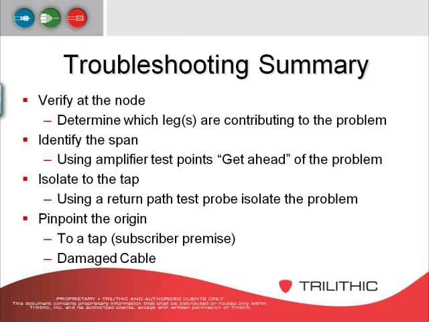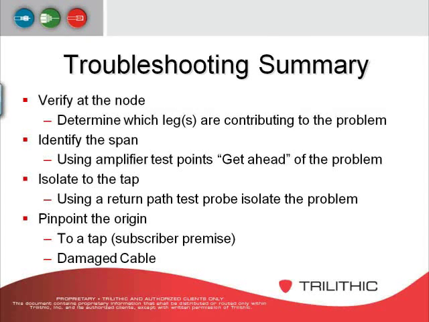And then you want to pinpoint the origin to a tap or a damaged cable. You'll find that most of the problems that you have are going to come right from the customer's house. About 90% of the ingress that comes back onto the return path comes right from the customer's house, or the drop or the tap right in that area.